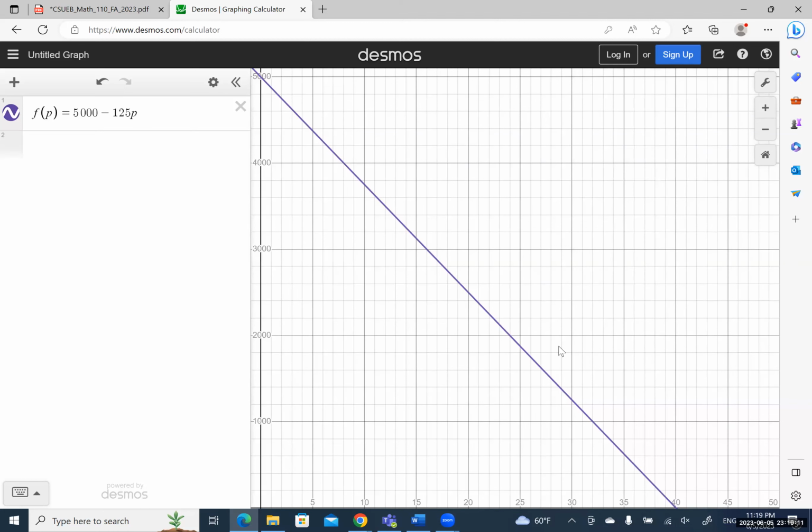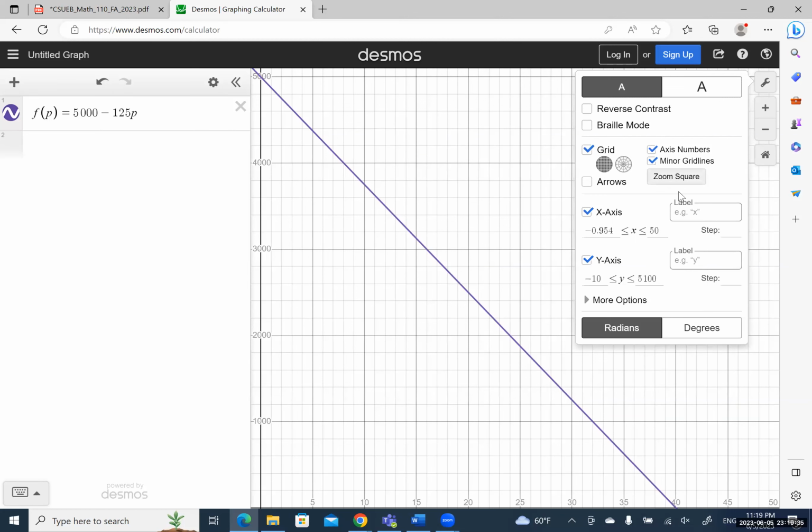So this looks better, as you see right now. But you have tick marks, right? Did you label it? So you may have to label it. What do you label for the x-axis?